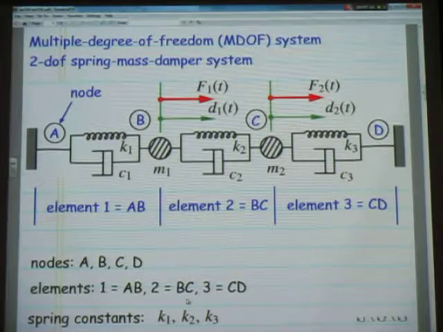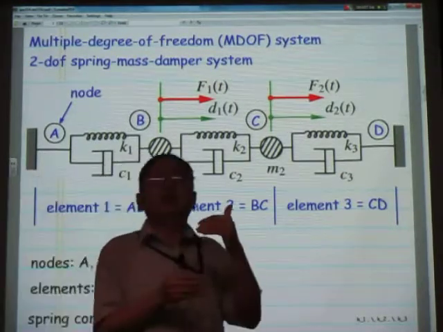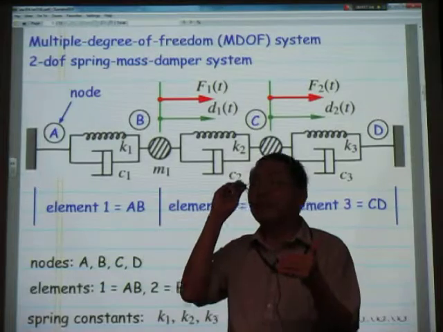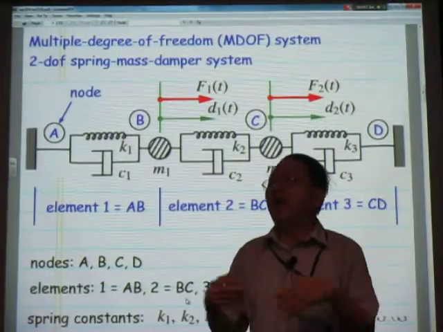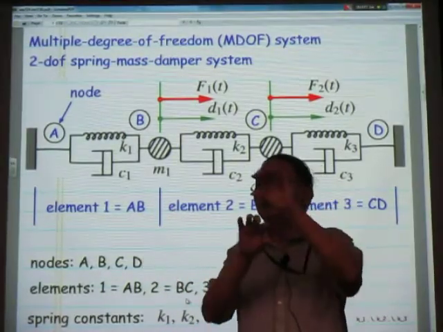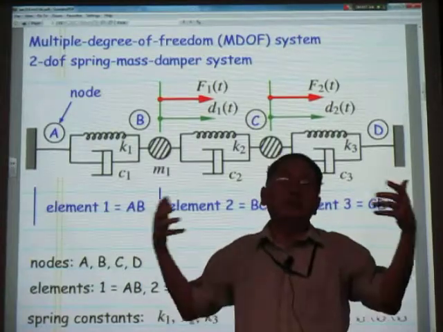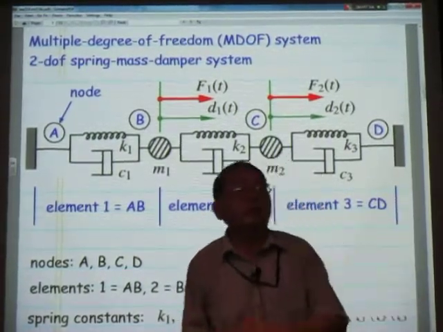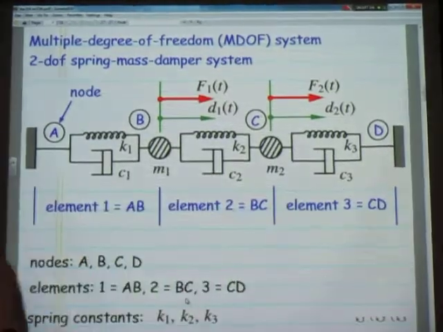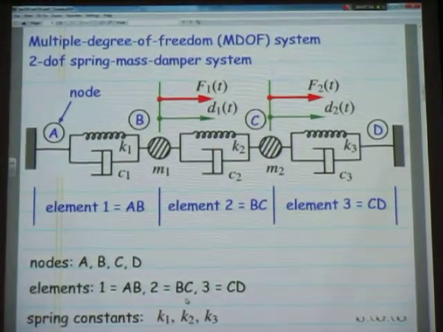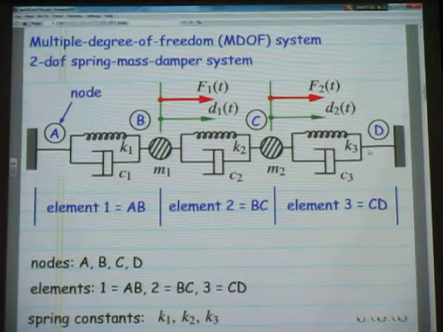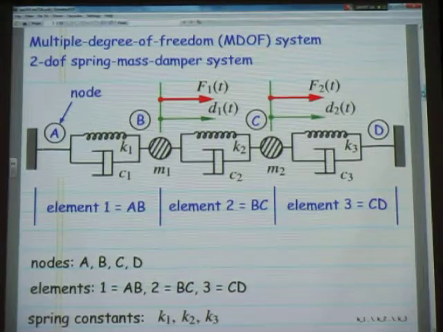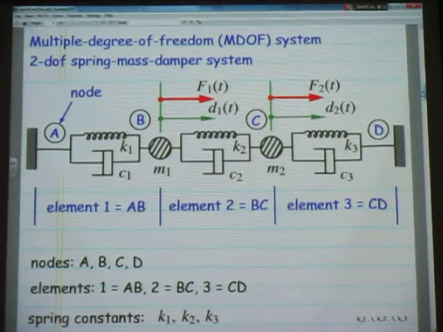And then the method of solution will lead to the generalized eigenvalue problem. That's also a new concept. And how you combine the separate solutions into the final solution of this coupled system, that's also new. Okay, so that's essentially the plan. All right. So how do we proceed to derive the equation of motion?